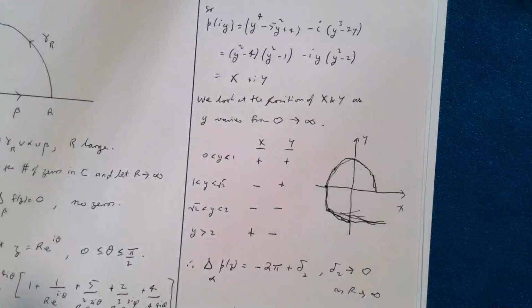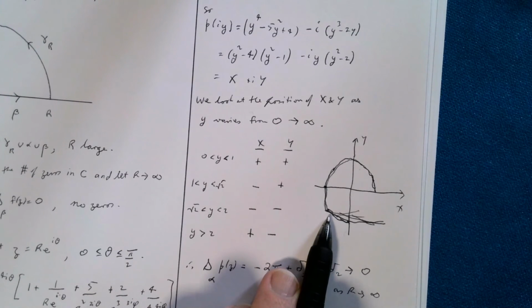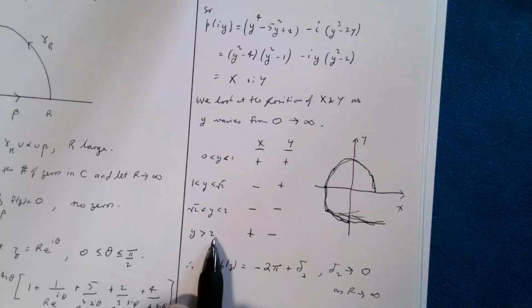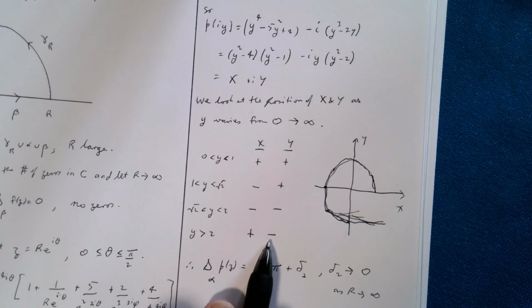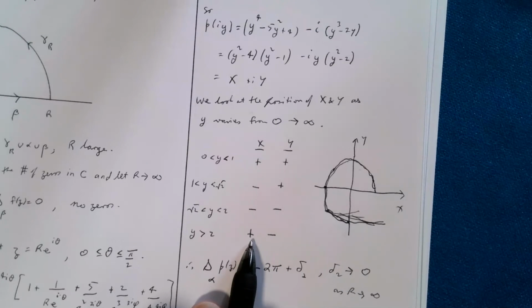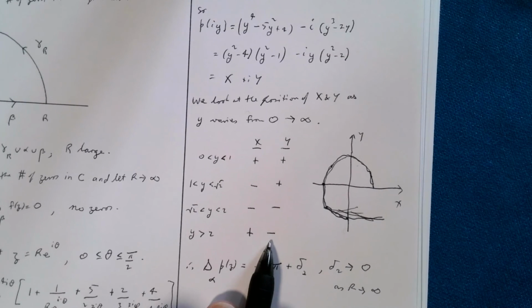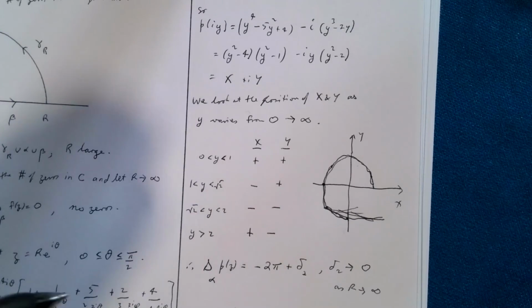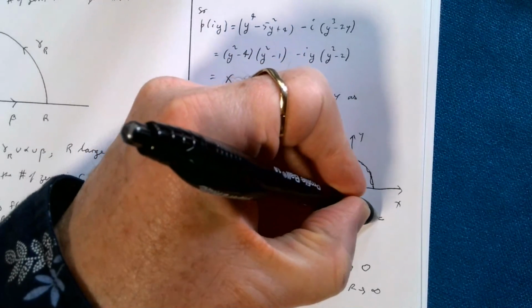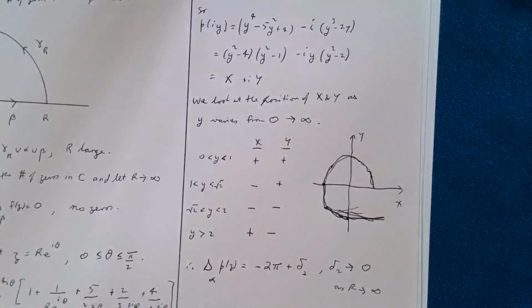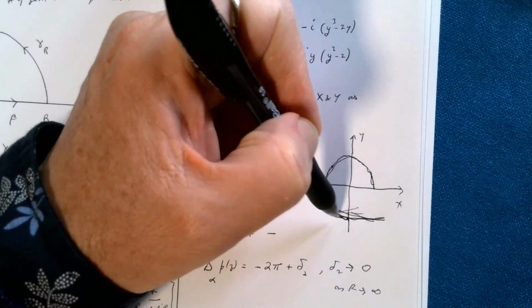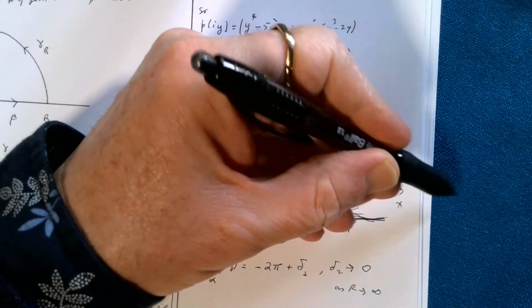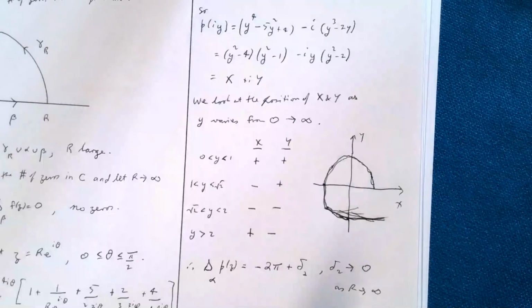And in between, we're in the third quadrant. And finally, if y is bigger than root 2, then again x is positive, capital X is positive, capital Y is negative, and so we're going to be around here somewhere. Now, we're not going to get back to the origin, but we're going to be moving along in this direction somewhere. We're somewhere in the fourth quadrant.